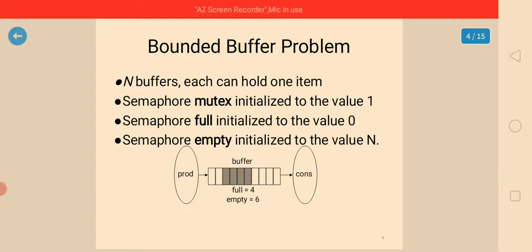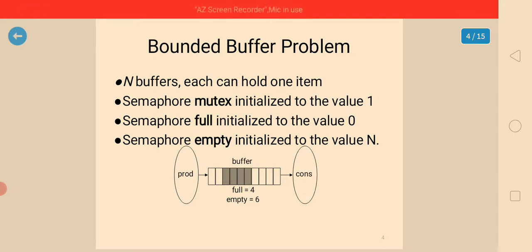The main complexity of this problem is that we must maintain the count of both empty and full containers that are available. Here we are given n buffers, each of which can hold one item.